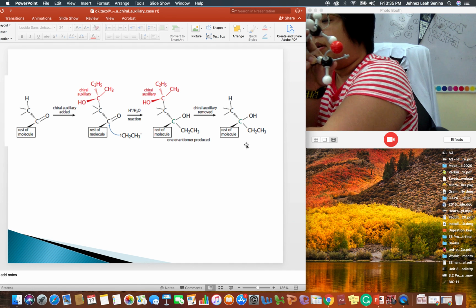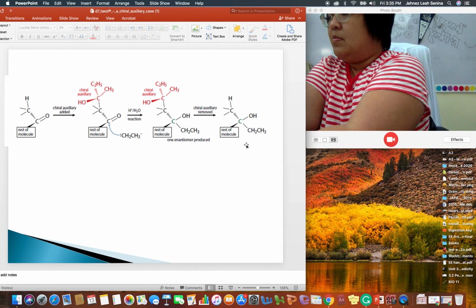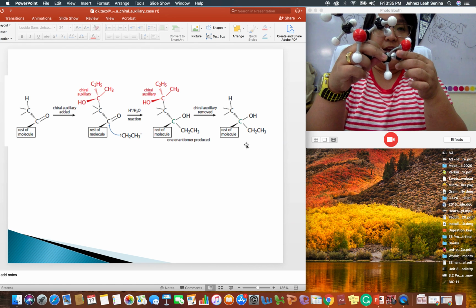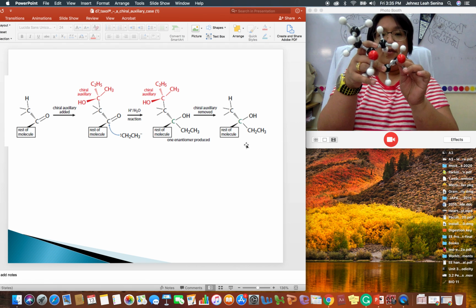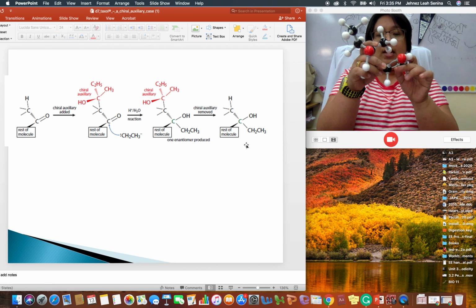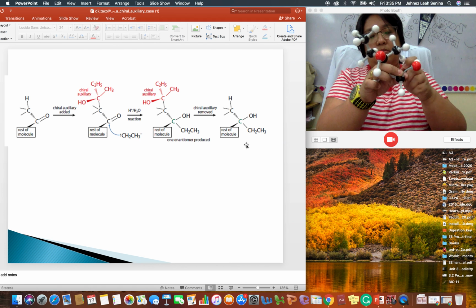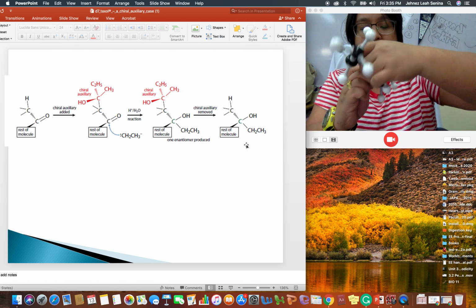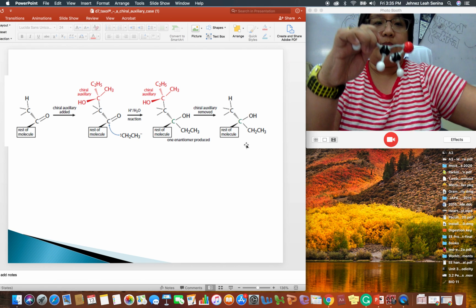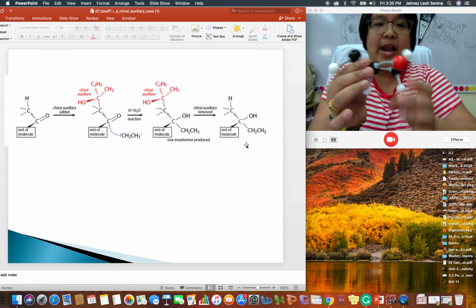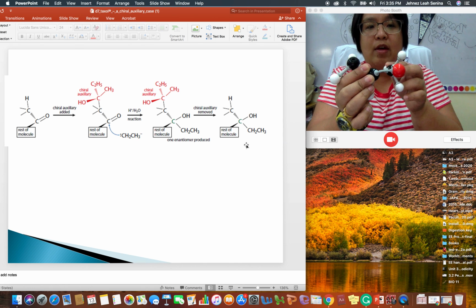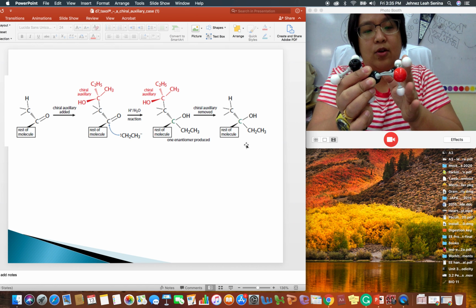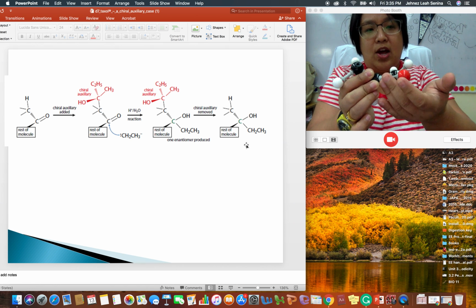So for example, I want to add this. I can only add it here, farther from this side. After I add that, we can remove the chiral auxiliary. So the molecule that you add only goes to this side and not this side.